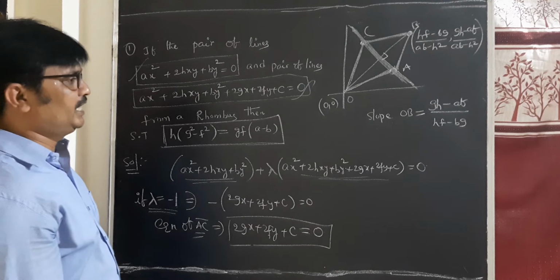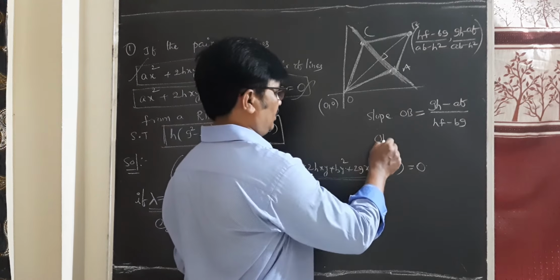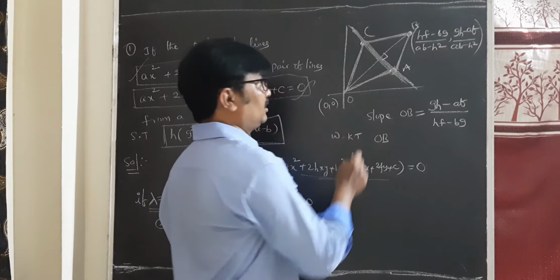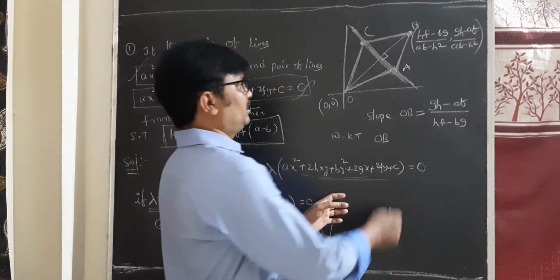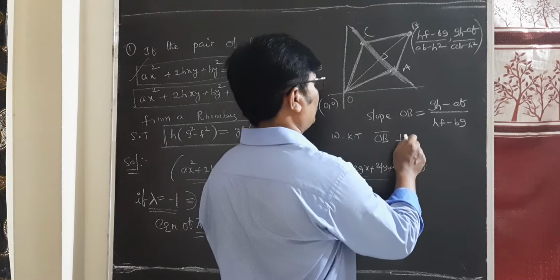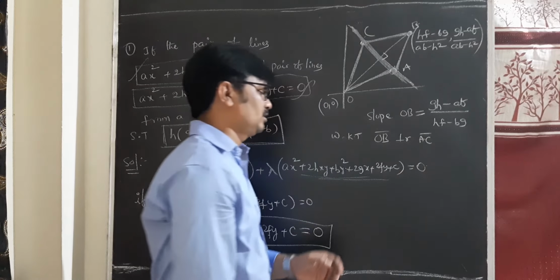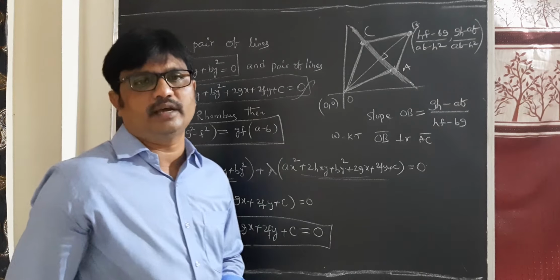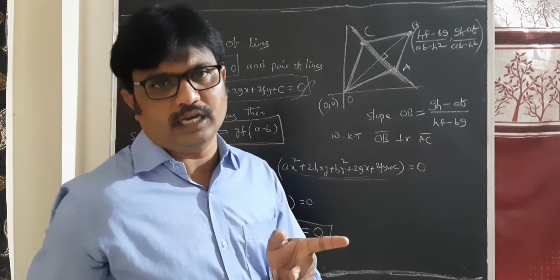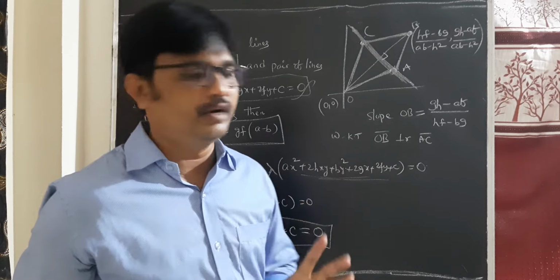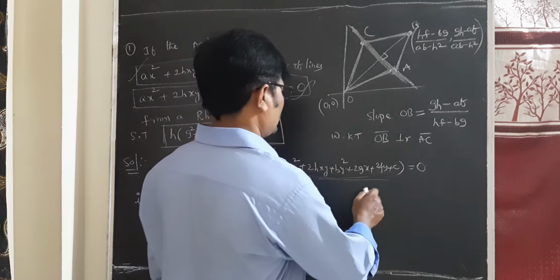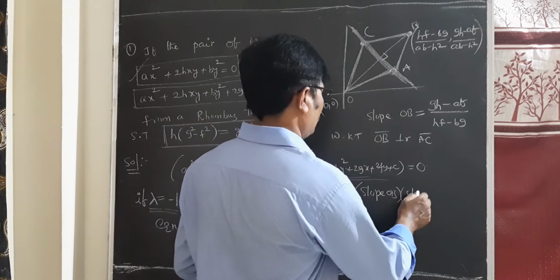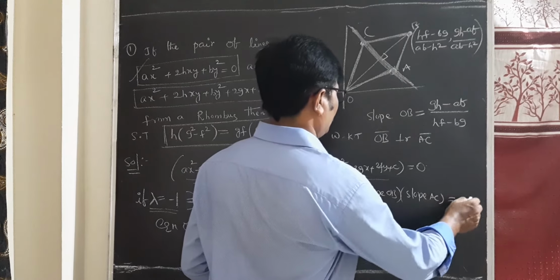AC and OB are perpendicular, since in a rhombus the diagonals are perpendicular. When two lines are perpendicular, the product of their slopes is minus 1. So slope of OB times slope of AC equals minus 1.